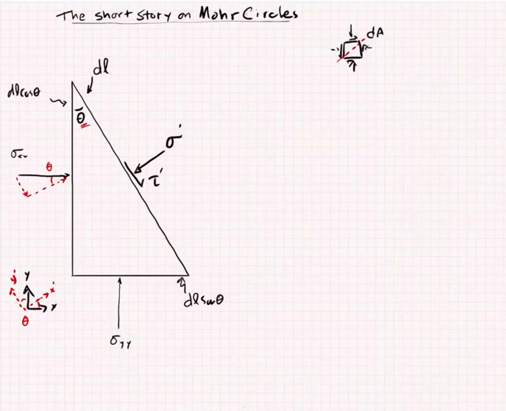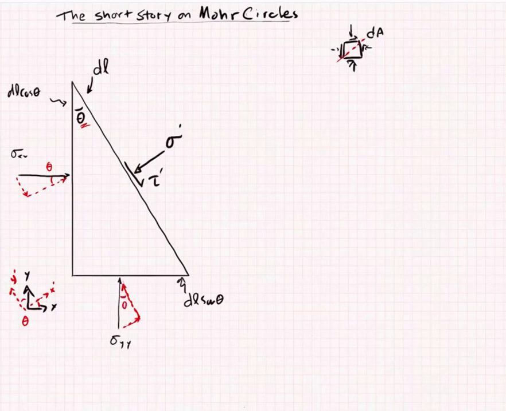Same thing on the bottom, where we have a tau prime parallel component over here, and a component parallel to sigma prime over here, where this is the angle theta.